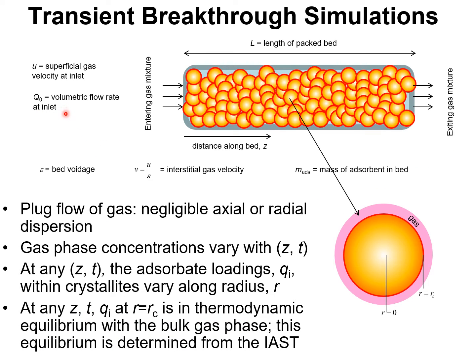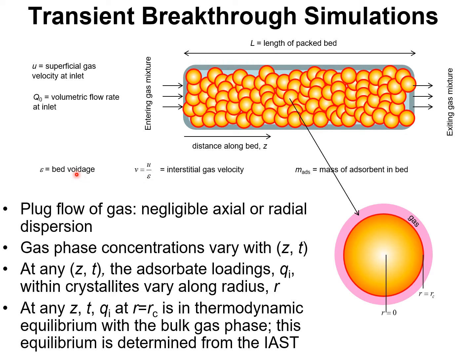The salient features of the model for performing transient breakthrough simulations are described in this slide. We consider a bed of length L. Z is the distance along the bed, which is packed with adsorbent, say zeolite, activated carbon, or a metal organic framework with a mass m sub ADS.